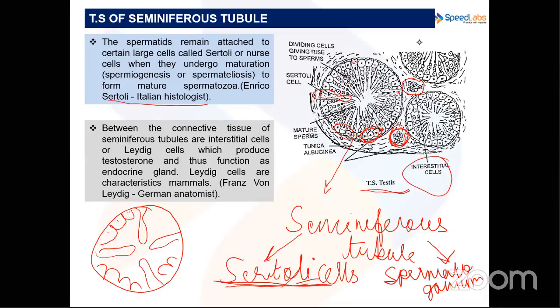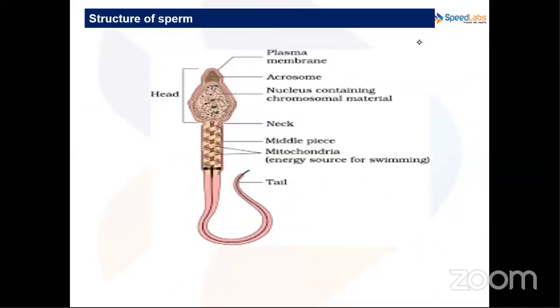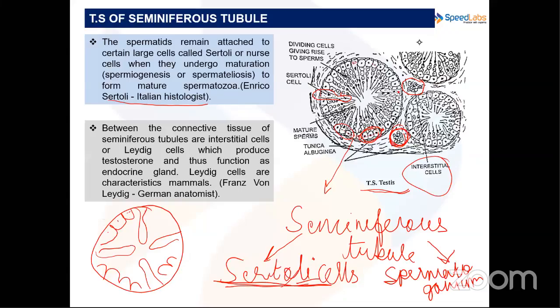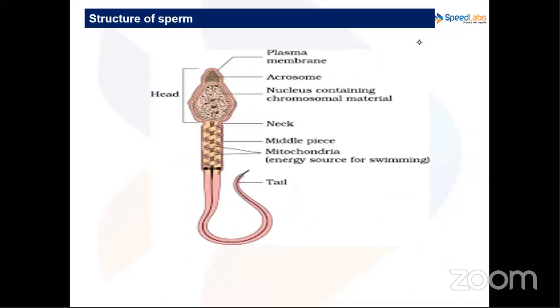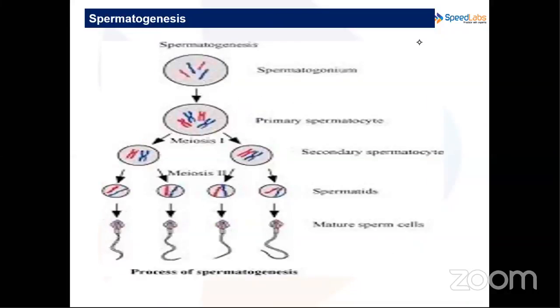So what are the two kinds of cells present in the seminiferous tubules?